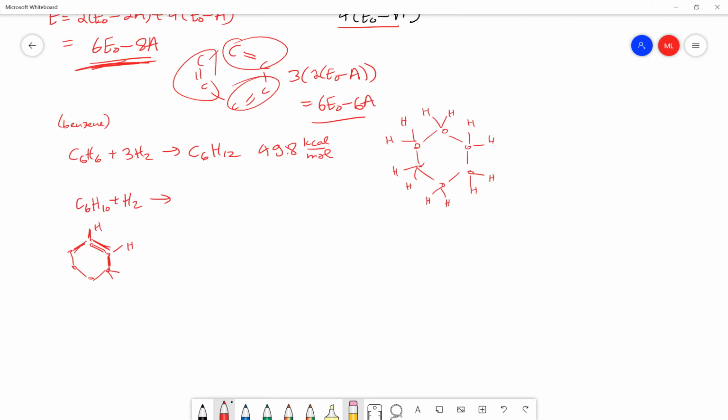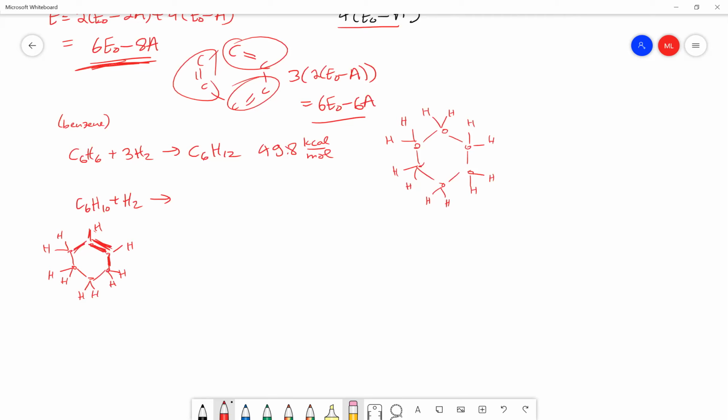There are 1, 2, 3, 4, 5, 6, 7, 8, 9, 10 hydrogens, and 2 leftover electrons which get paired off in the double bond.